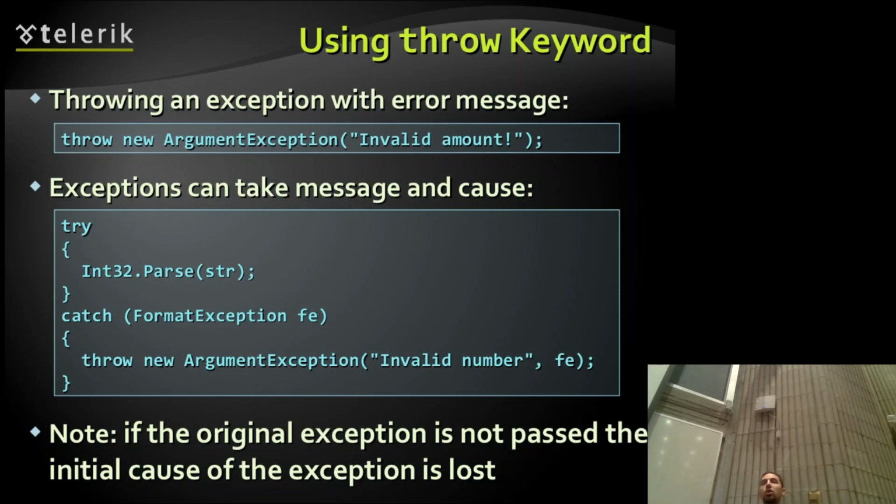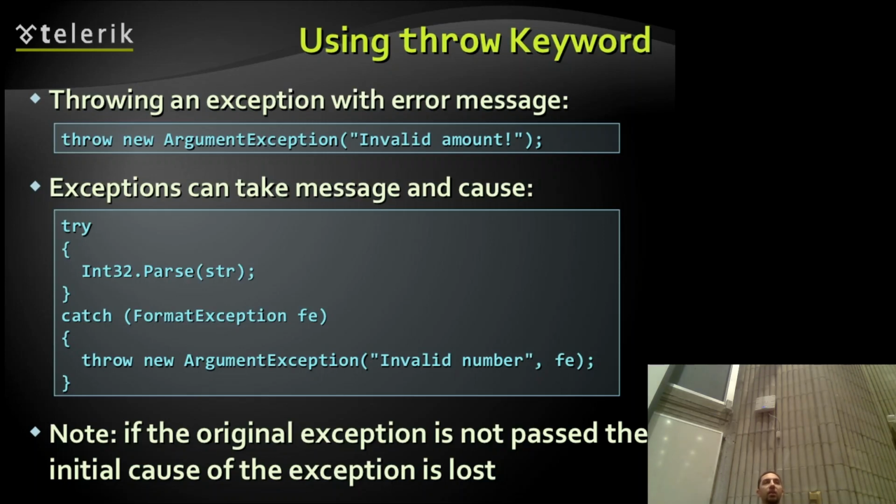And furthermore, you nest the original error. FE is the format exception object. It's the object that was created when parse blew a gasket. So you put that in as the inner exception. This is standard practice.